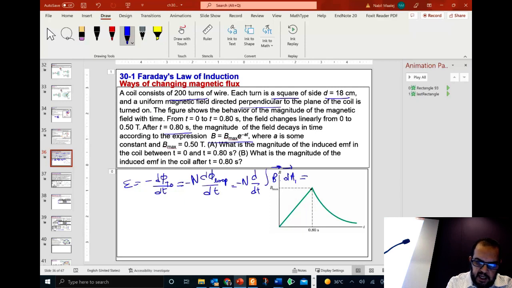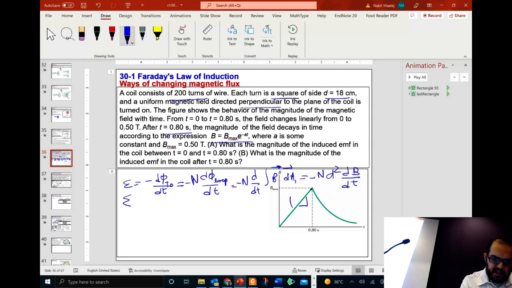In this case, the magnetic field B is here. So this is minus N, and A is going to be d squared, because this is a square, not a circle. So the area is d squared, times the derivative of the magnetic field. What's the derivative of the magnetic field? It's the slope.